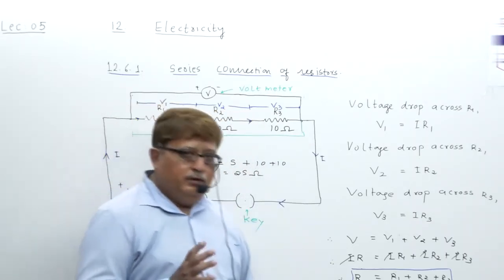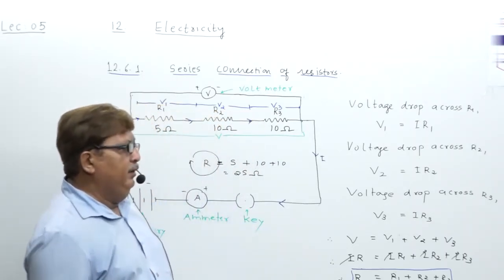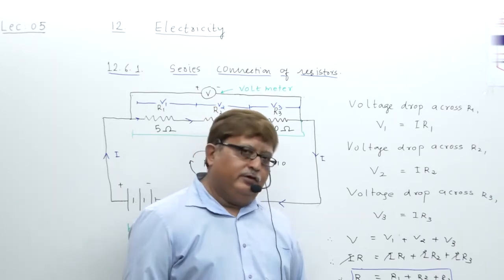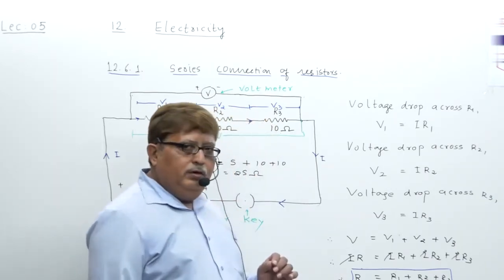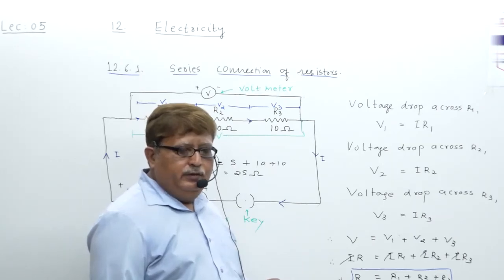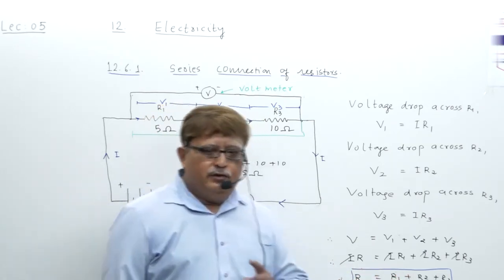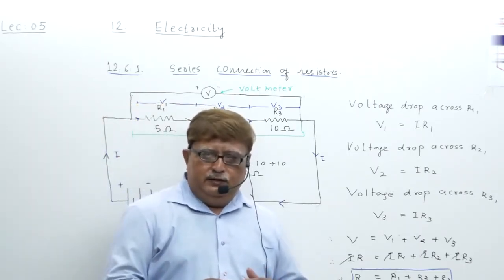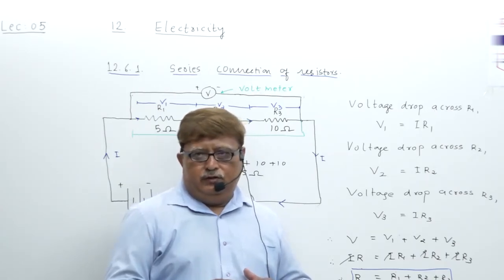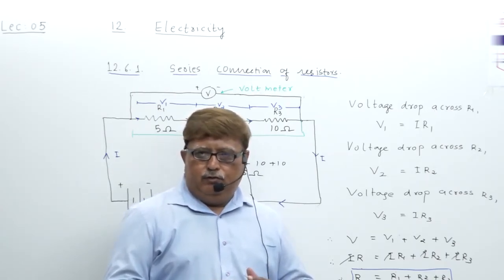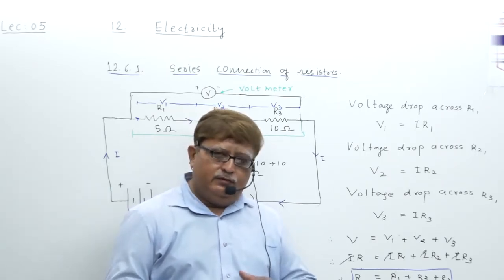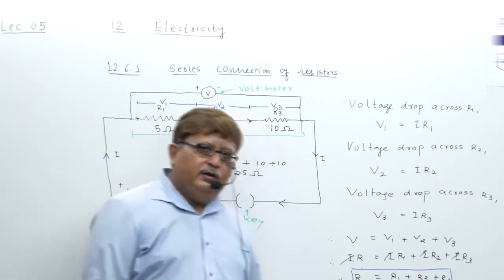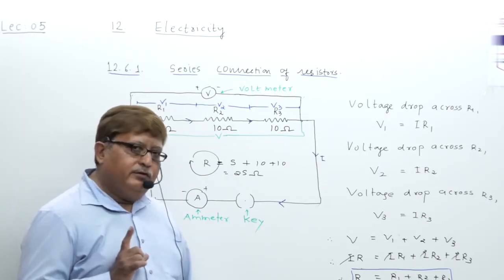You understood this? You need to keep this concept in mind. Okay, so this is series connection of resistors. Overall resistance increases when you connect resistors in series connection. So utilizing series connection in daily life is totally impracticable. That's not possible. We always have to engage ourselves in parallel connection, never in series connection.